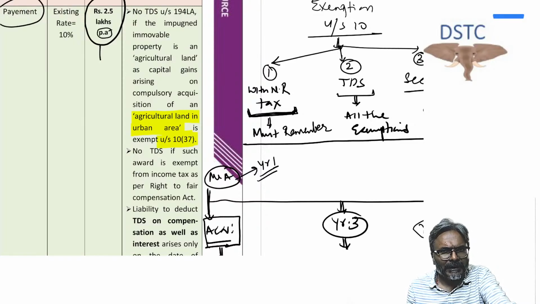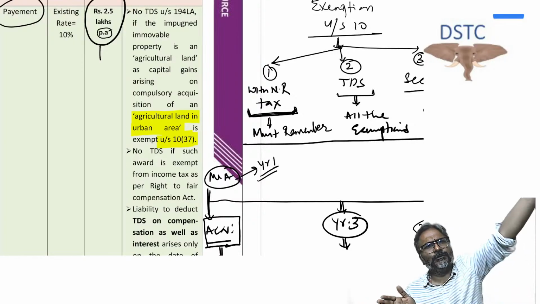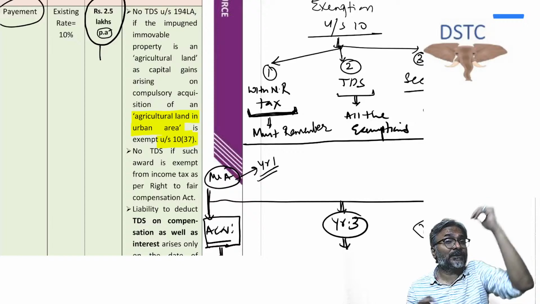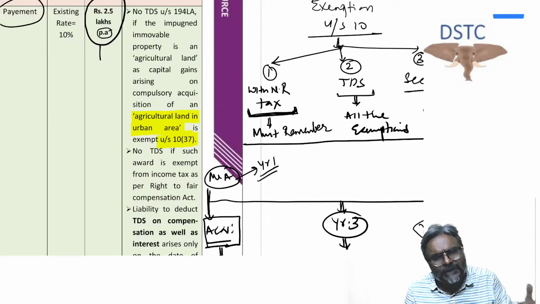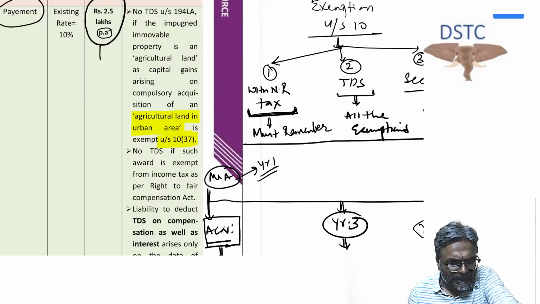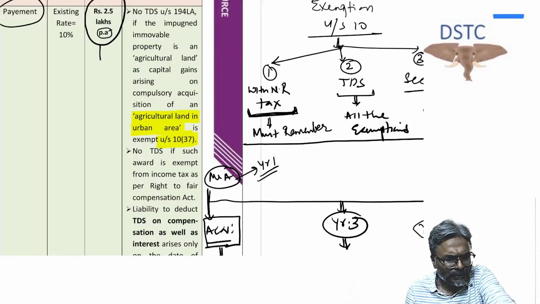Now if it is an urban agricultural land, students, the government wants to do further construction, and although the person is doing agricultural activity on this huge land in the urban area, the government would want to compulsorily acquire it to pursue its construction activities. You would have witnessed this phenomenon in your city also.